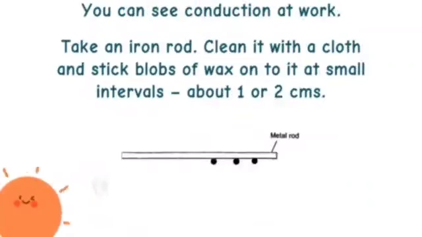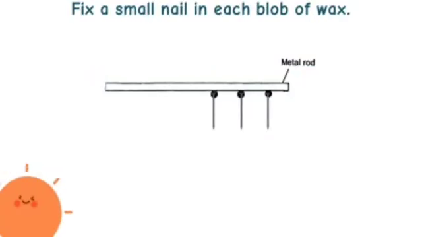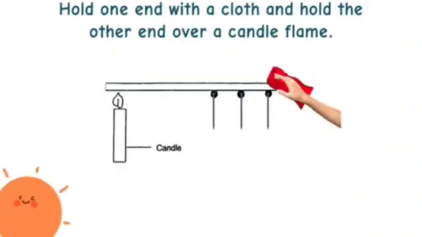Take an iron rod, clean it with a cloth and stick blobs of wax onto it at small intervals of about 1 centimeter to 2 centimeters. Fix a small nail in each blob of wax. Hold one end with a cloth and hold the other end over a candle flame.